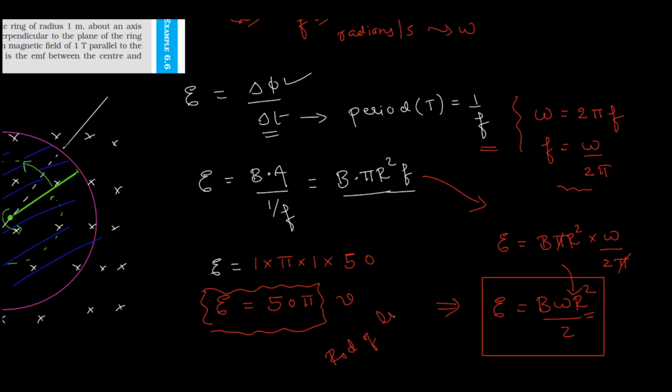Whenever I say length, naturally L comes out of my mouth, right? So a rod of length r is rotated with an angular velocity of omega in the presence of a uniform magnetic field of field strength B, then EMF is given by this expression. I hope that if you can remember, please remember that expression.